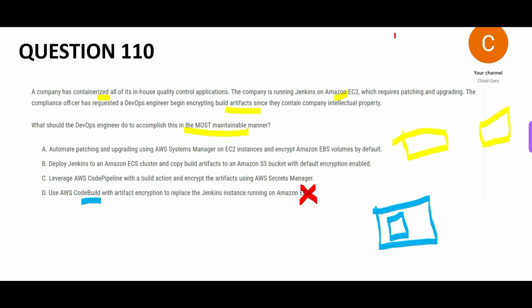So, we are going against our thumb rule. Many times we say we will not create a custom solution. AWS is testing your knowledge on AWS resources. But whenever we see something like Jenkins, which is a much more mature product, AWS wants you to know Jenkins.